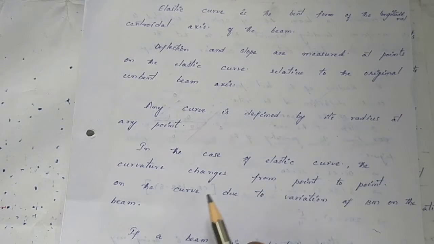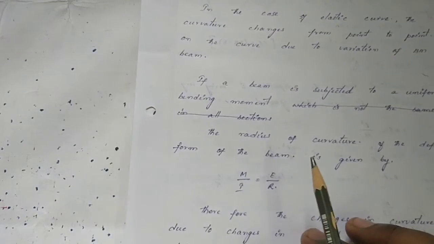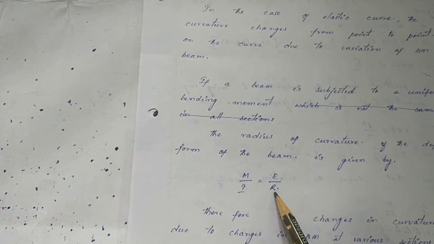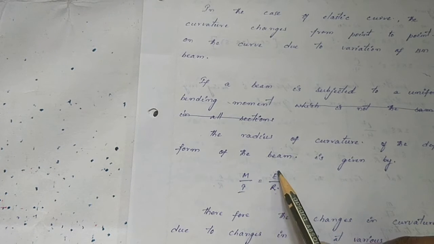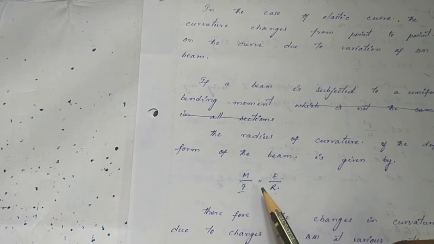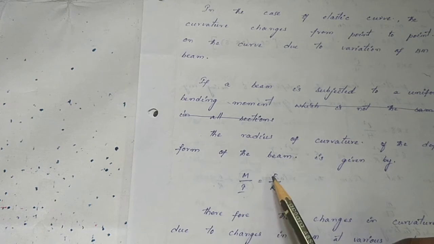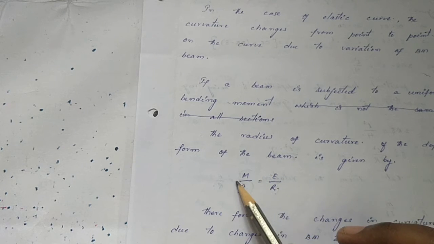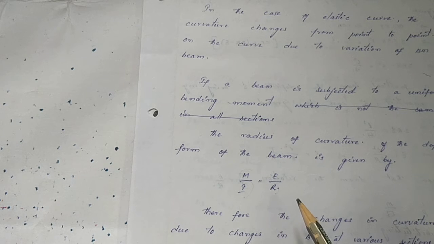In the case of the elastic curve, the curvature changes from point to point due to the variation of bending moment, because we know from the bending equation M by I is equal to E by R, where R is the radius of curvature, E is Young's modulus, I is the moment of inertia, and M is the bending moment. Here Young's modulus and I are not changed. Only the bending moment will change based on the variation of load.